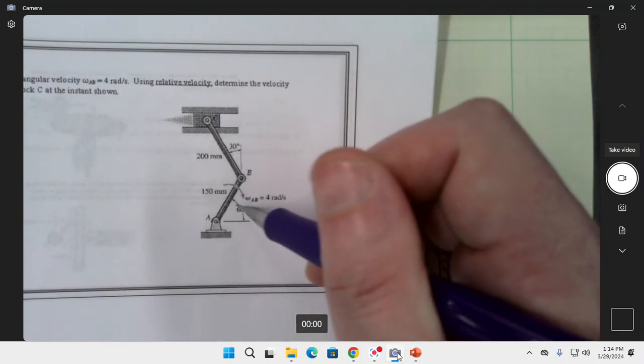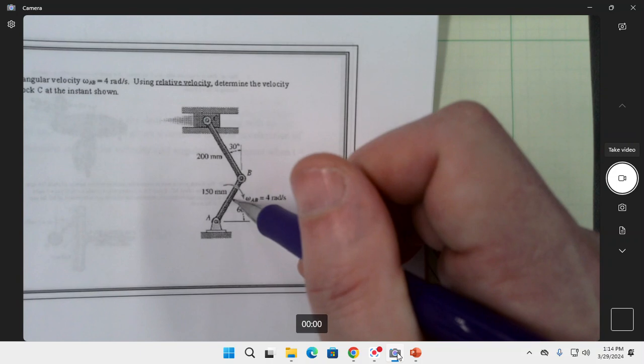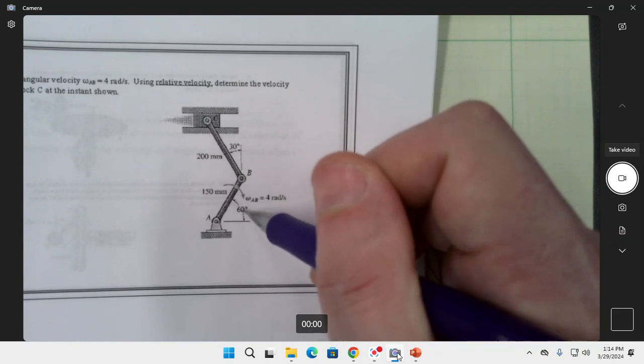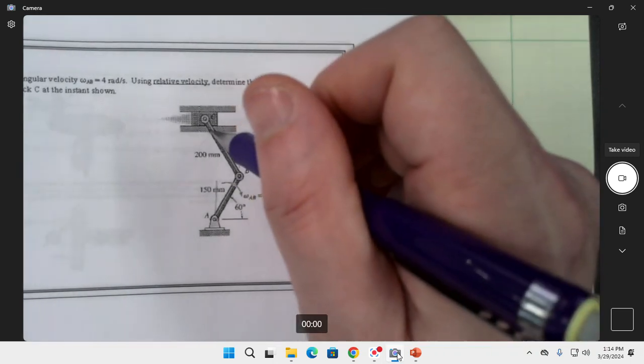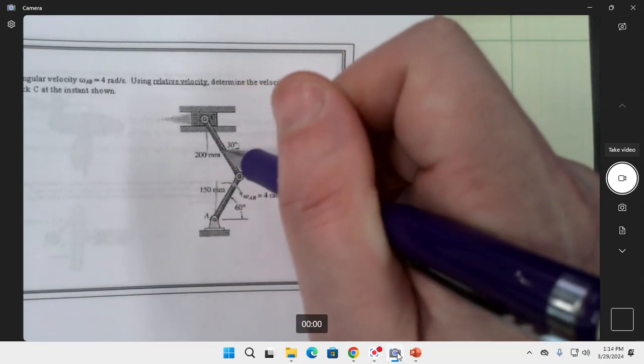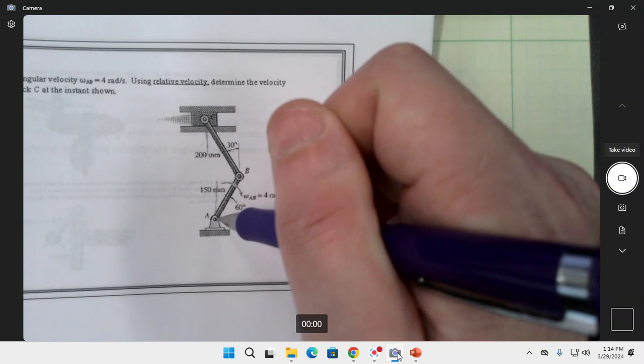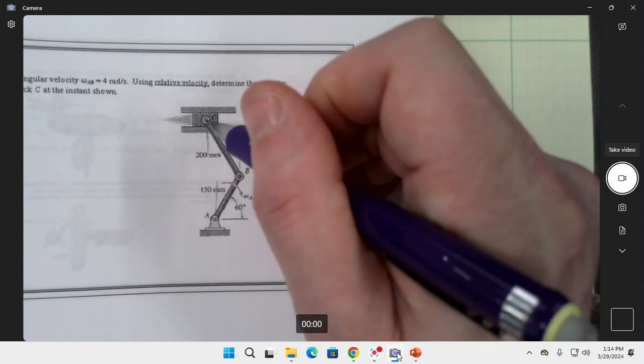But if you look a little bit, you'll see that since this is 60 degrees, this is also 30 degrees right here. And you see that this one is longer than that one. So that does not line up directly underneath that.